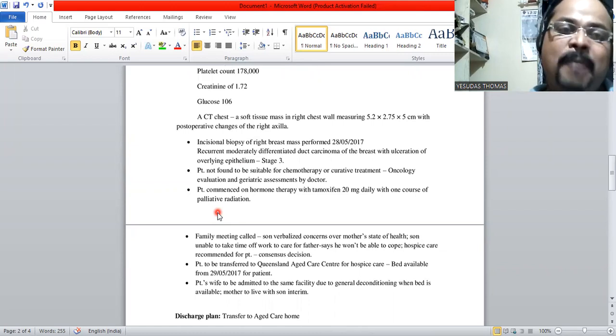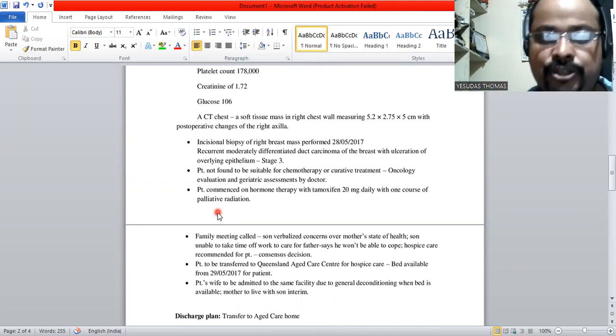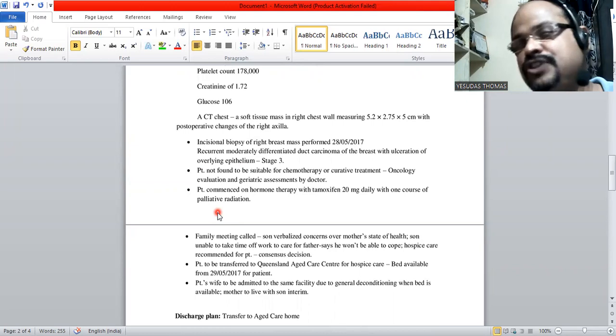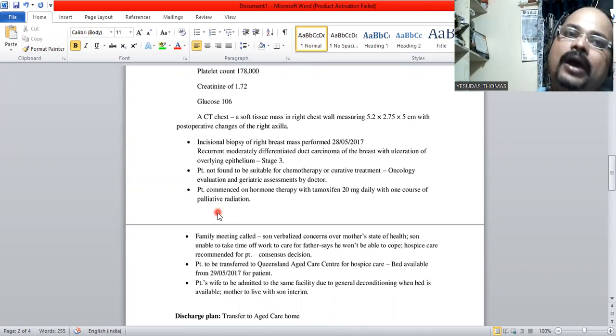The reason for my transfer is that the condition is irreversible. I cannot cure it. So we have gone ahead with a family discussion in which we have made a consensus decision to transfer him to the aged home.